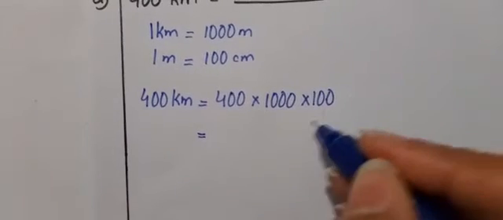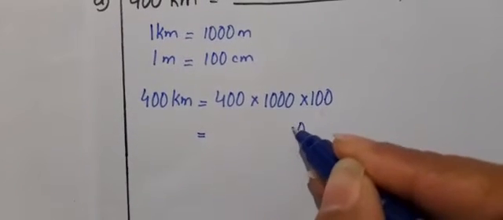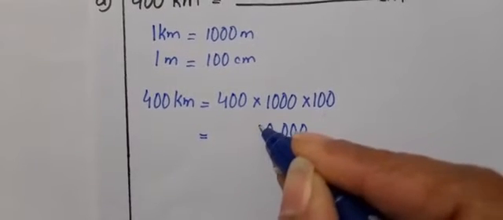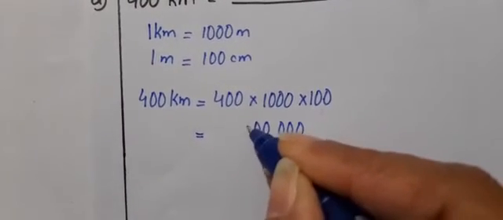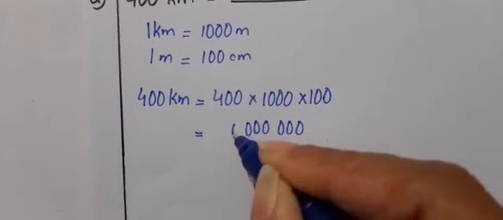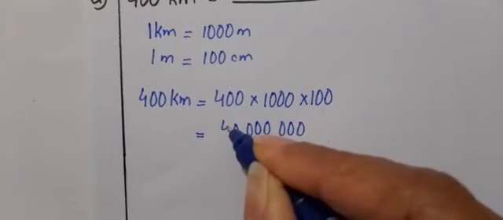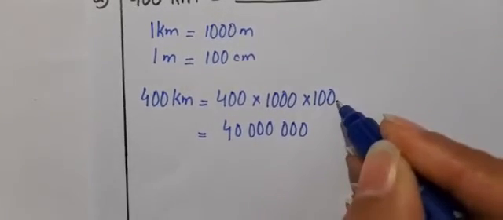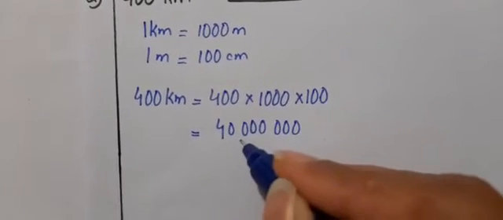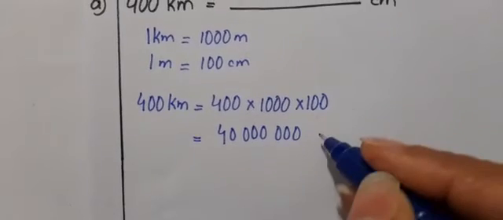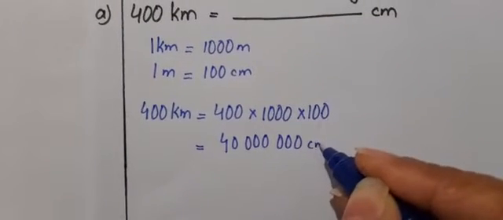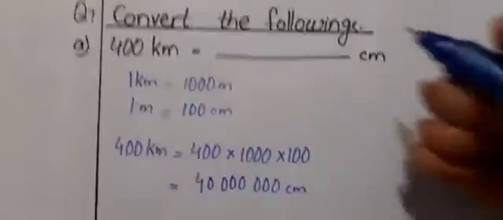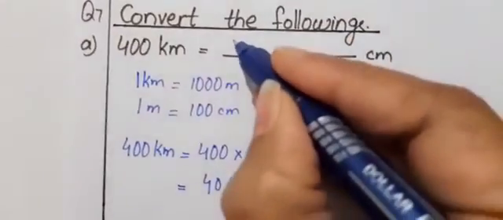Okay, let me write the zeros. 1, 2, 3, 4, 5, 6, 7, and this one is 4. Here you can see 1, 2, 3, 4, 5, 6, 7. So it is 40 million. It is 40 million centimeters. I can write my answer in the above blank, 40 million.